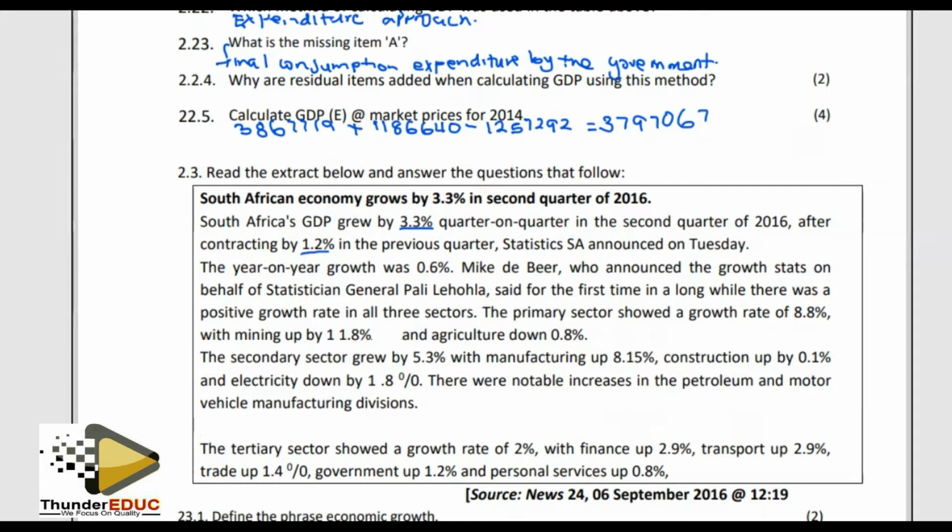Statistics SA announced on Tuesday the year-on-year growth was 0.6%.